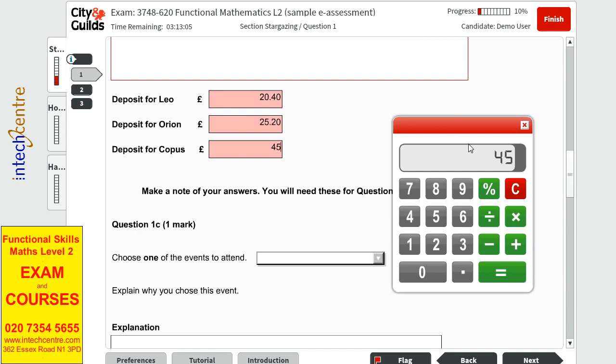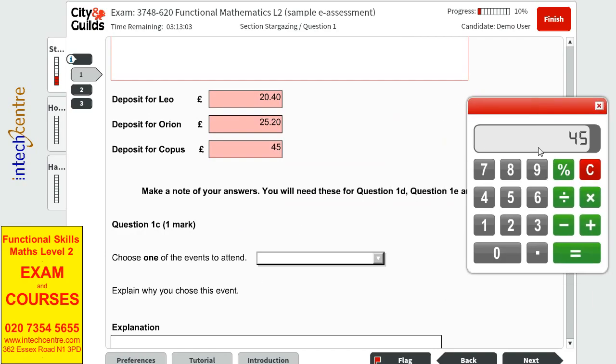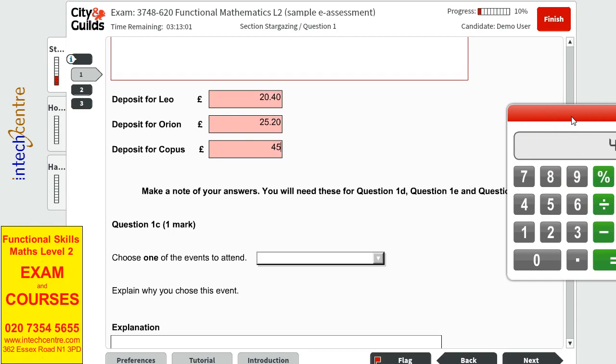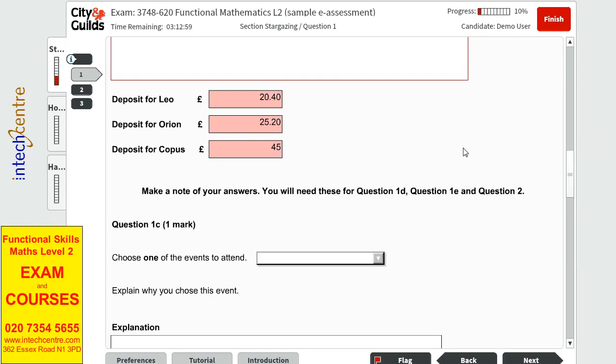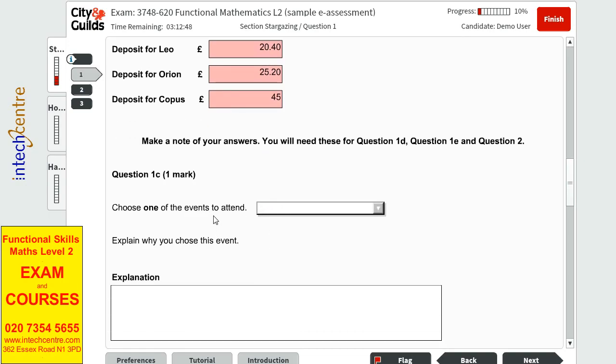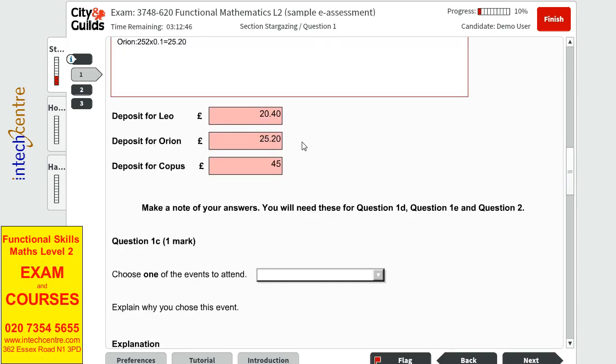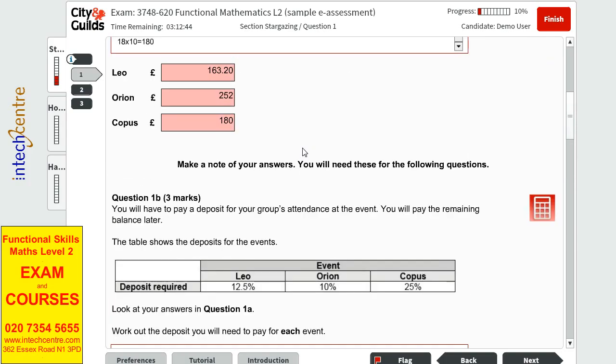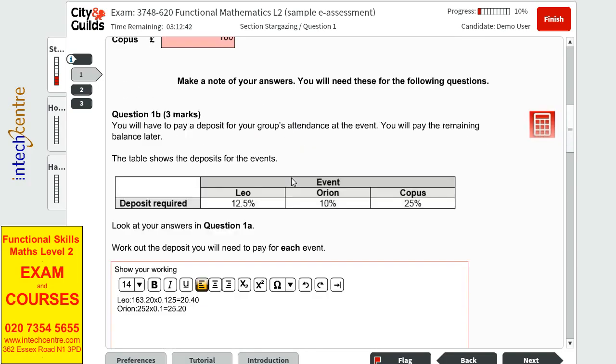Alright. They are again reminding you to make a note of your answers, as you will need them for question 1D, 1E. That usually is a table where you have to show your results. We will pick one of the events to attend. Out of the three, the cheapest is Leo, clearly.